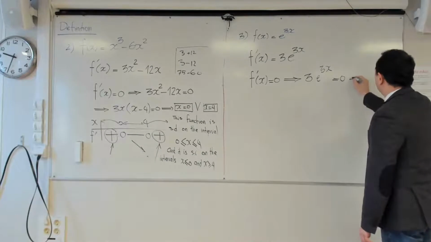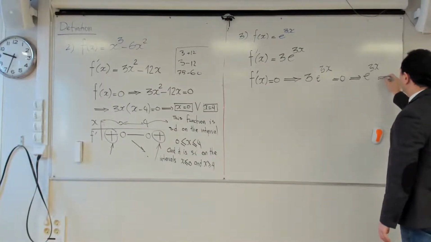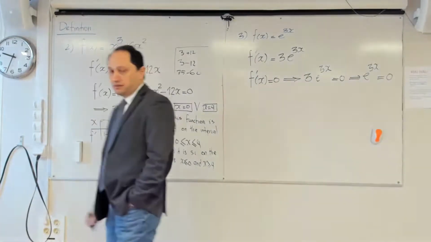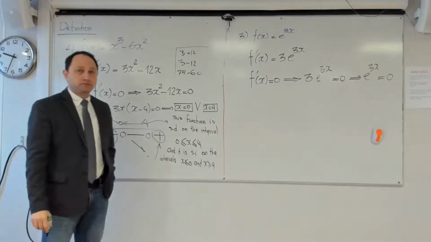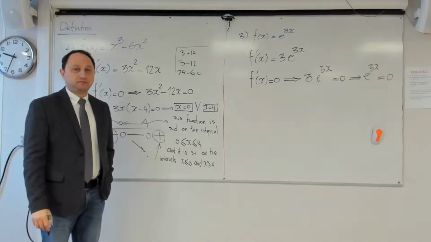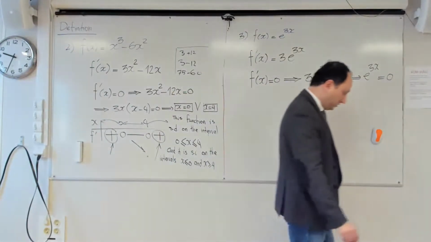What can I conclude? Of course, I divide by 3. So what is your answer to this equation? e to the 3x is equal to 0. Are you with me or not?